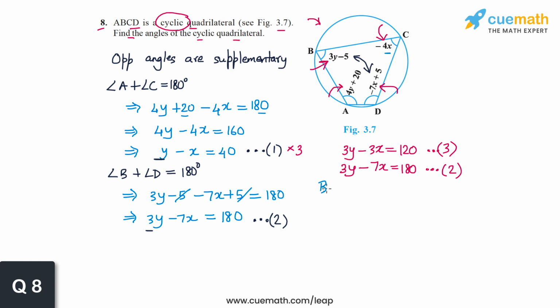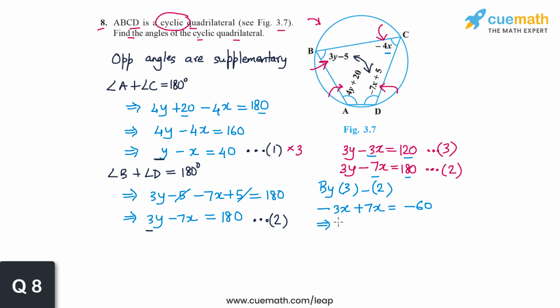So let me do 3 minus 2. So what will I get if I do 3 minus 2? So on the LHS I will get minus 3x and then minus 7x or plus 7x, and on the RHS I will get 120 minus 180, which is minus 60.